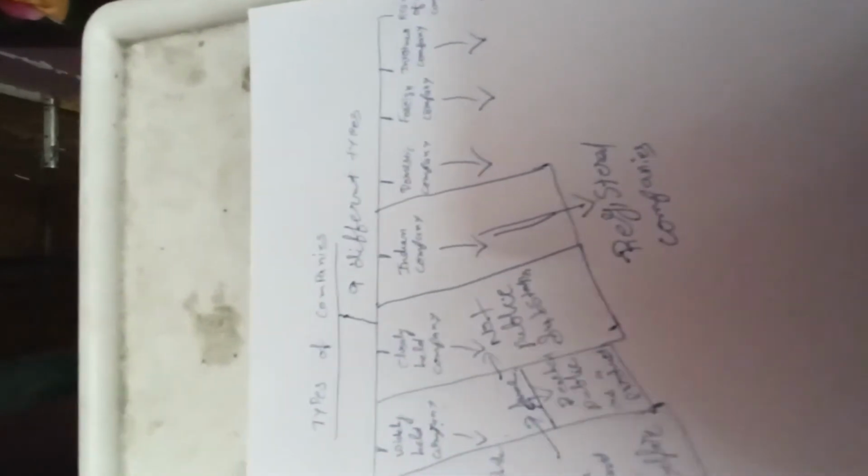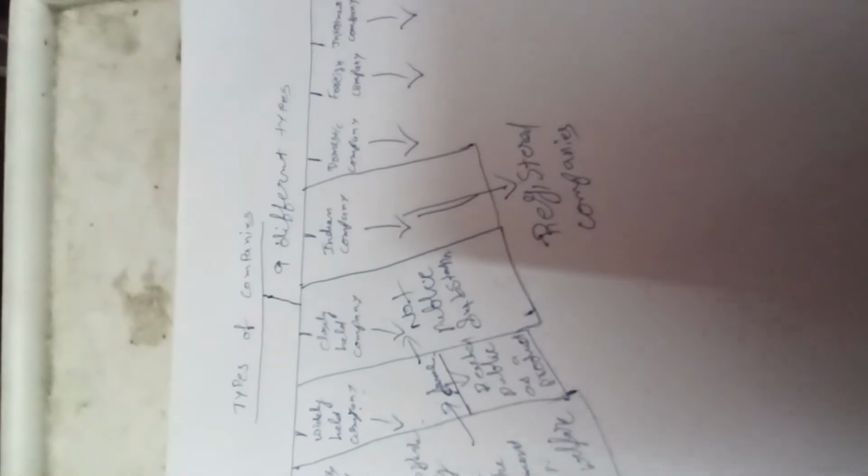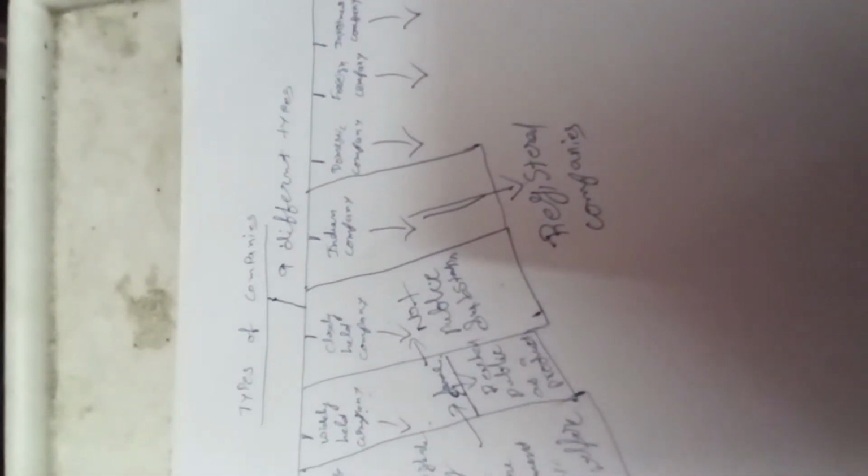Like for example, it can be candles or matchboxes. We call them micro scale industries. Those companies are nothing but domestic companies. They make the product domestically and they sell it in the domestic market.